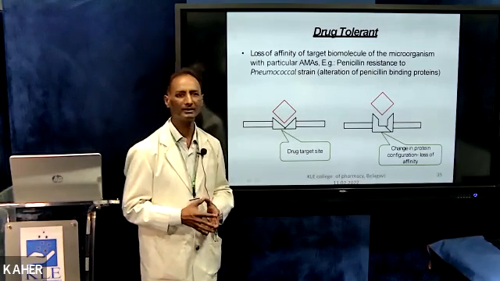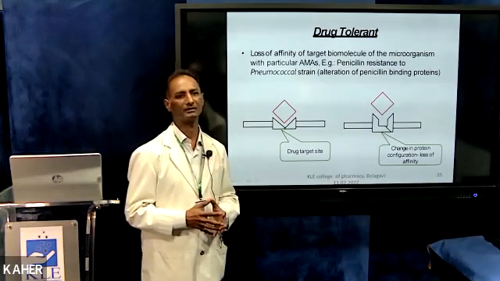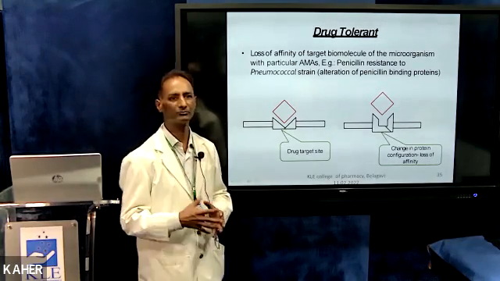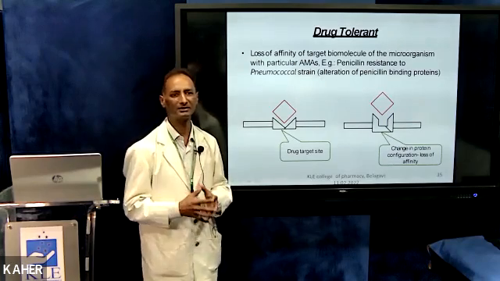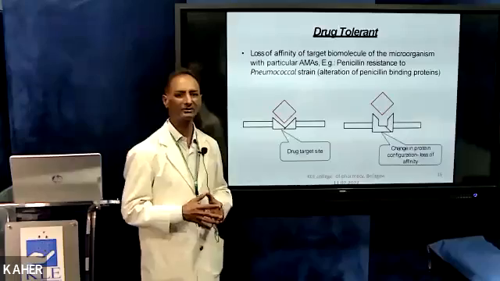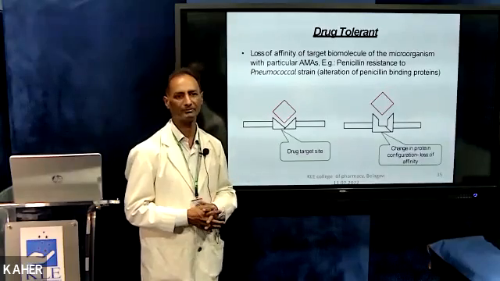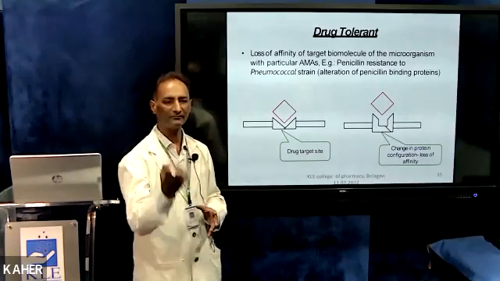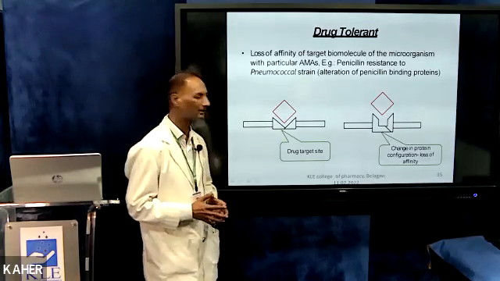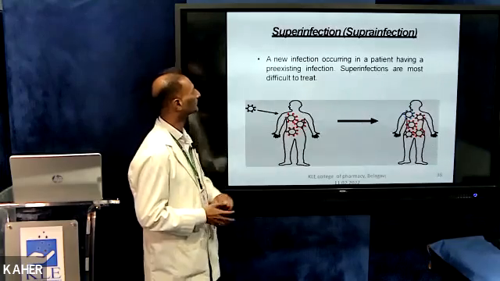If they become resistant or insensitive because of changes in the binding domain site, because of those configurational changes in the protein binding sites, the affinity towards penicillin will be lost. In this way, drug tolerance can be developed.